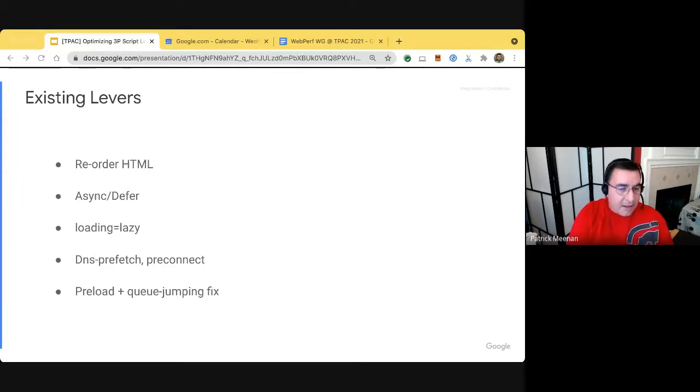Lazy loading for images and iframes in particular, if you happen to be doing a straight up embed iframe. But if you're doing it through scripts, you have a lot less control over it. And then some hinting to the browser for the things that it can't discover, with DNS prefetch, preconnect, preload. Hopefully now it can actually be used.